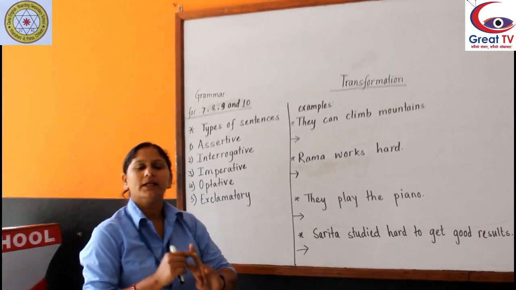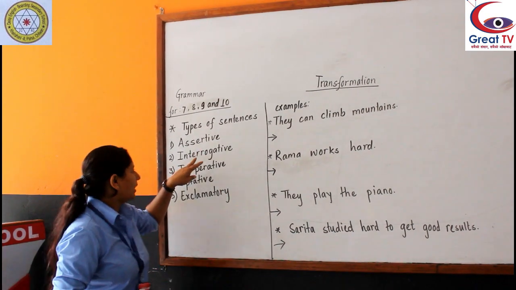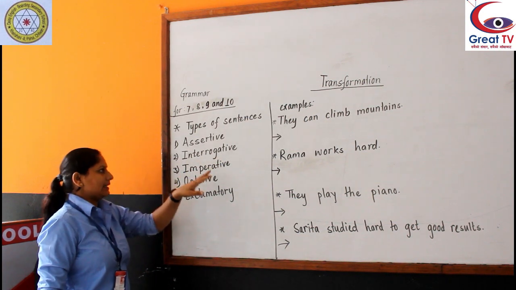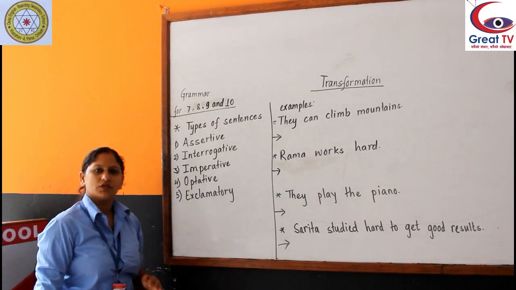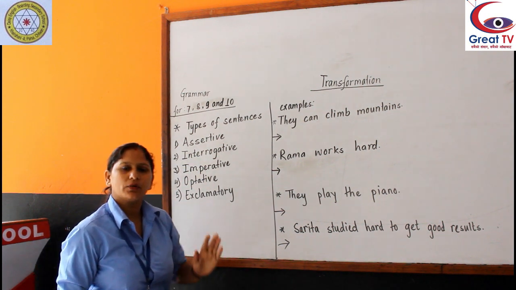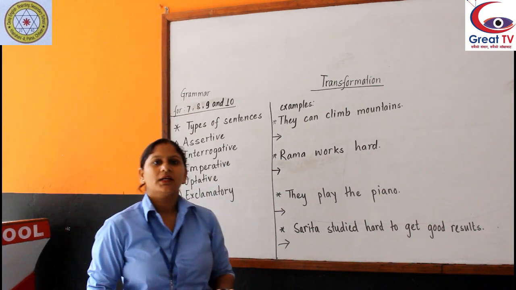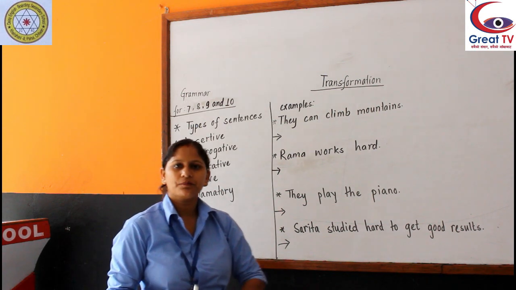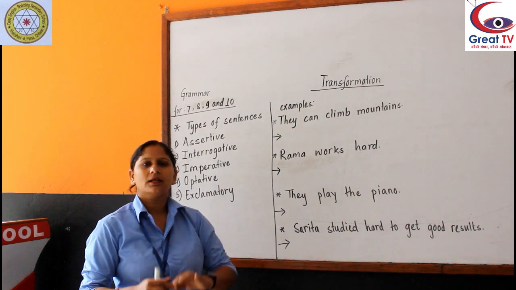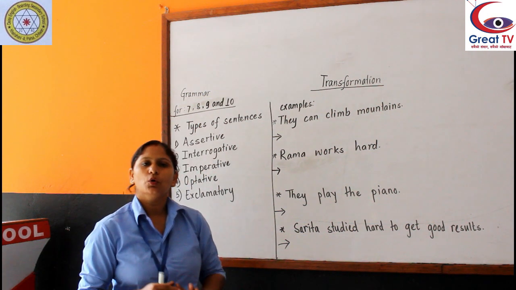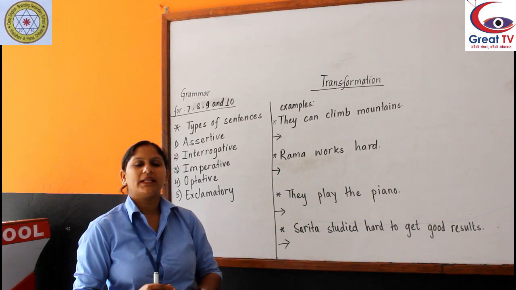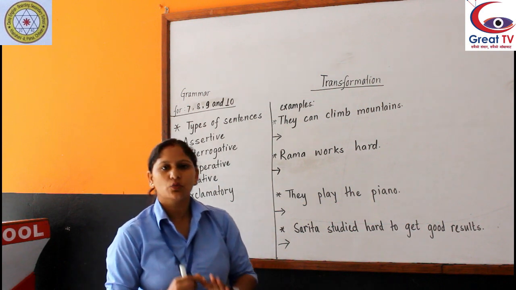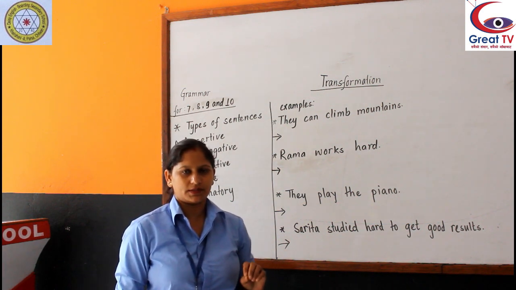WH questions are the questions that start with WH words like how, where, when, which, who, whom. They are WH words, and the questions starting with WH words are WH questions.